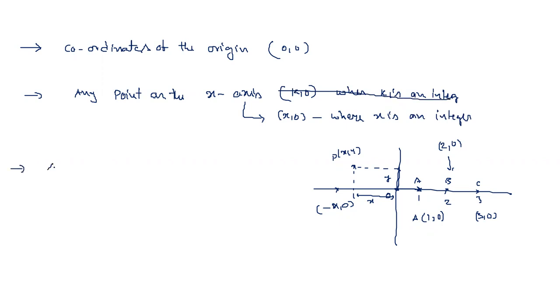Same as any point on the y-axis will be (0, y), where y is an integer. Is it clear, guys, how to locate the points? This data is very useful for some numericals.